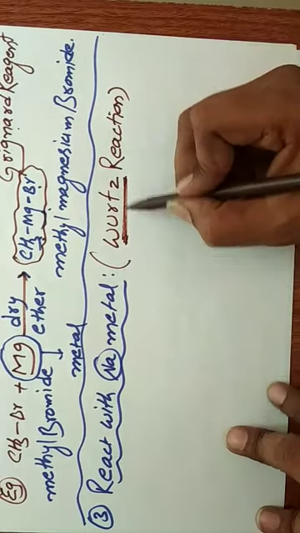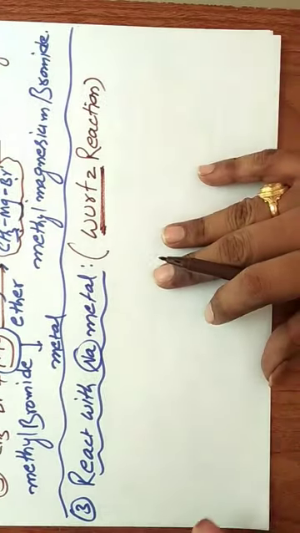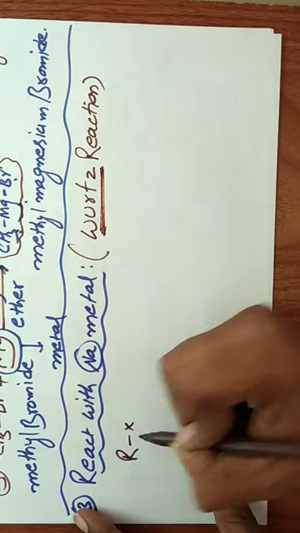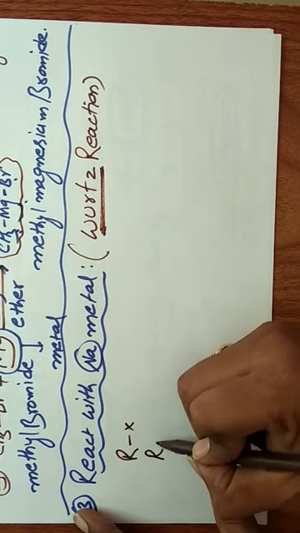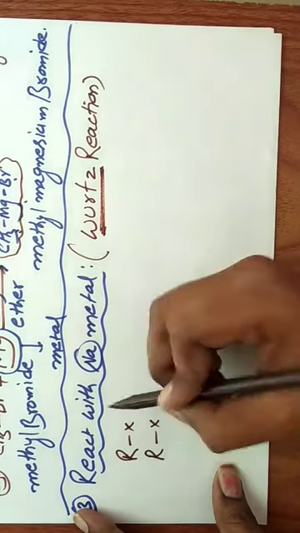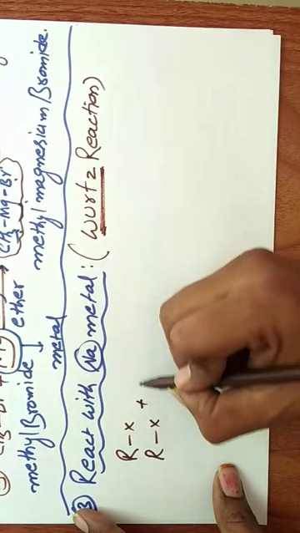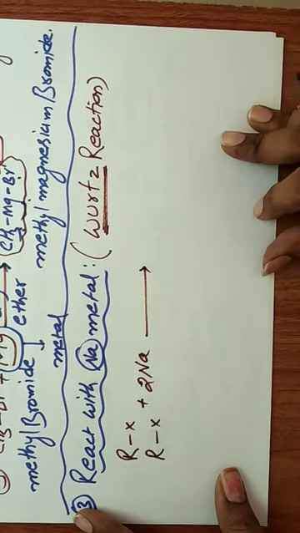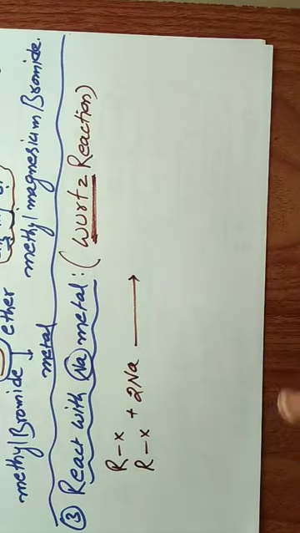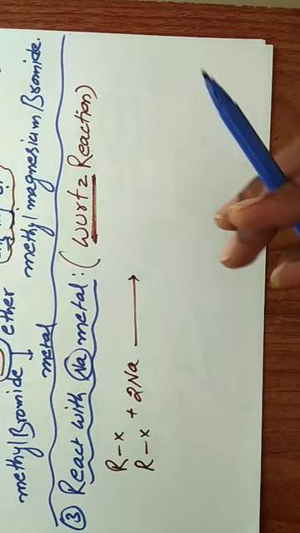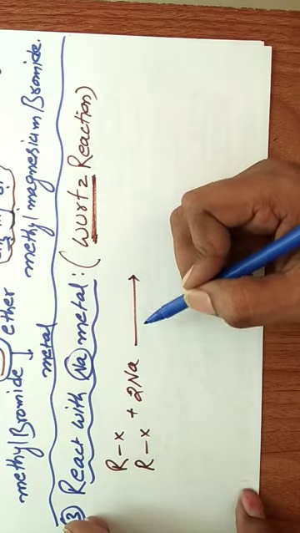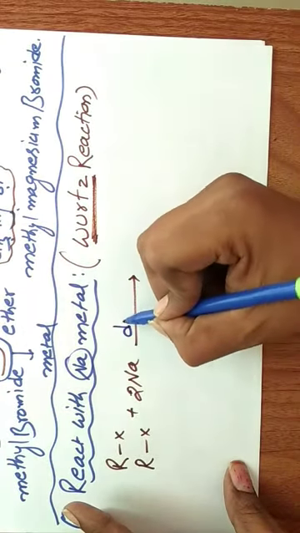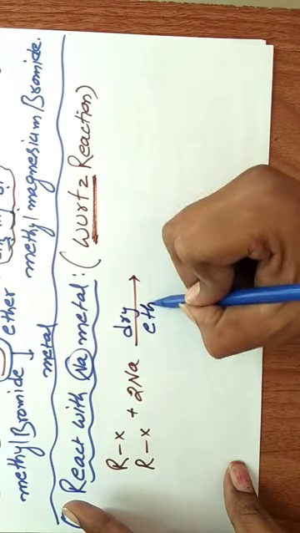In the Wurtz reaction, we take 2 moles of alkyl halide. First we discuss the general reaction. R bond X, 2 moles of alkyl halide, reacts with 2 moles of sodium. Sodium is a first A group element, highly reactive, so to prevent the electropositive nature we use dry ether.